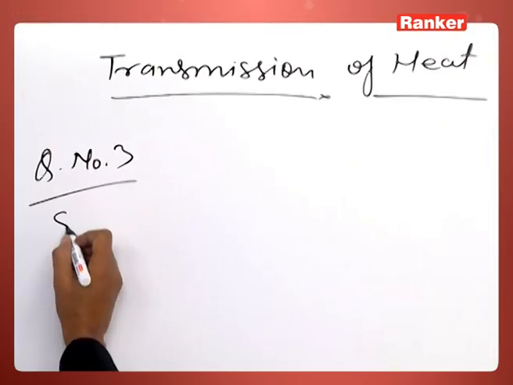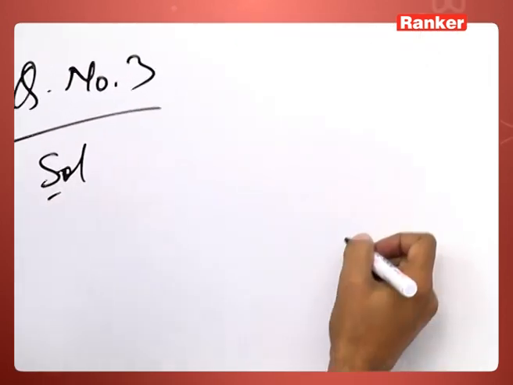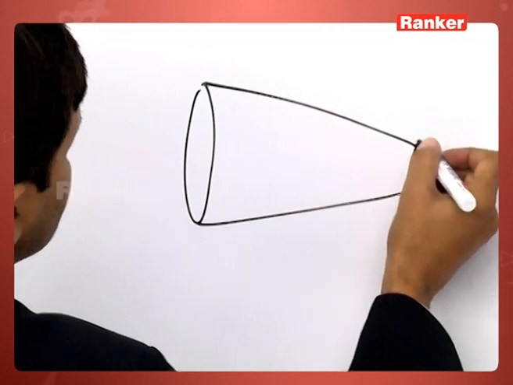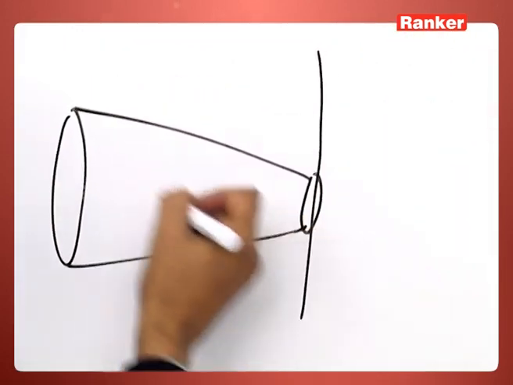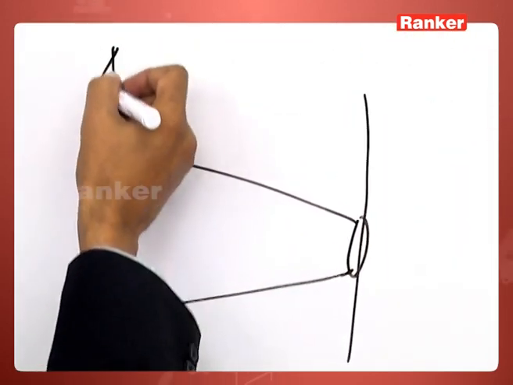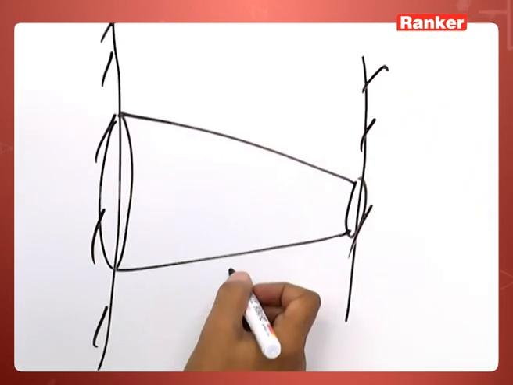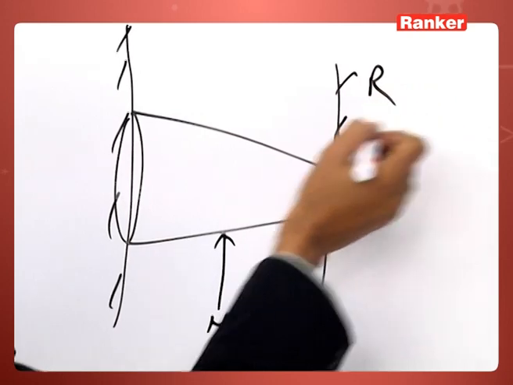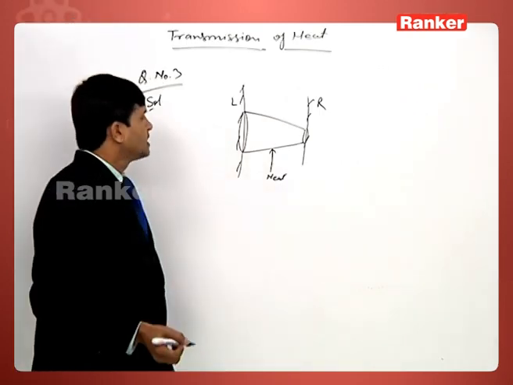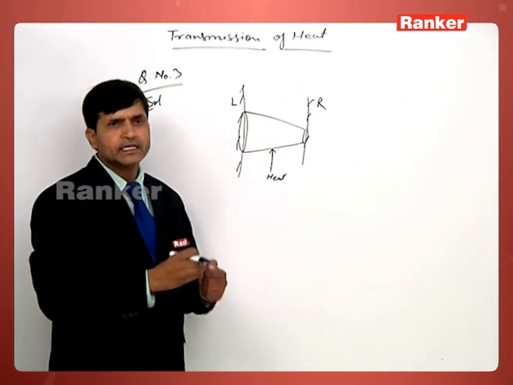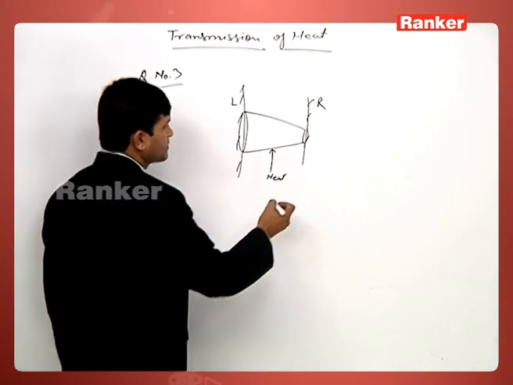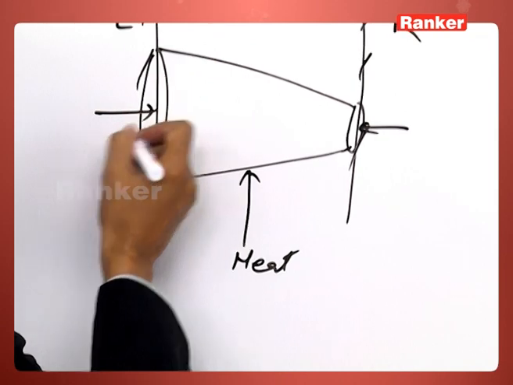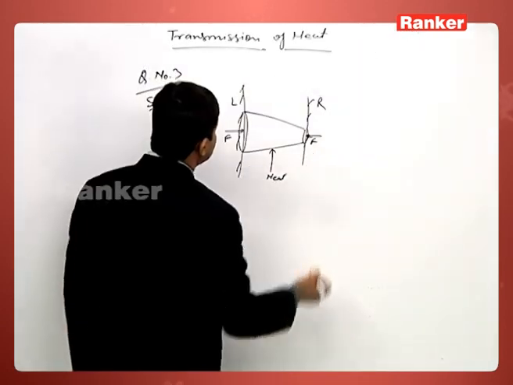As per the diagram, this is the conical body, and this body is fixed about 2 lines. Now heat has been given from the middle. This is the right side, this is the left side. So what will happen? Due to the heat, it will try to expand. When it tries to expand, the wall will apply force from that side.